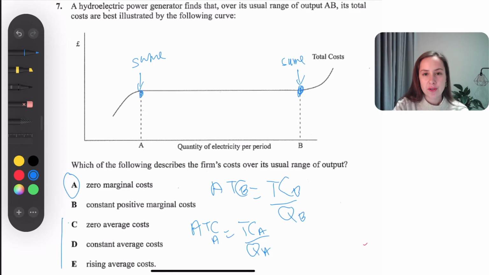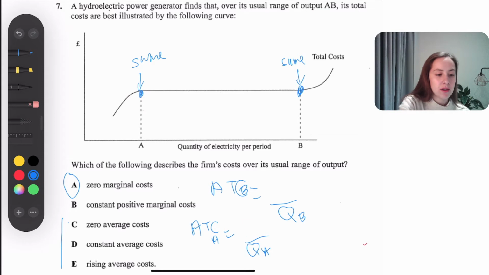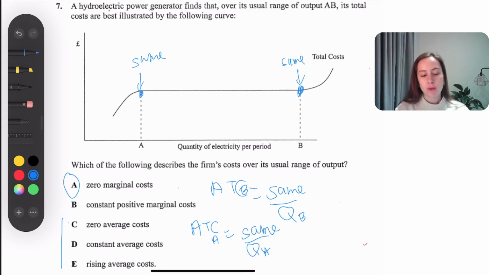But we know that the total costs are exactly the same. So I'm just going to delete this for now and just say these things, whatever they are, are the same. The only difference between these costs is the quantity.